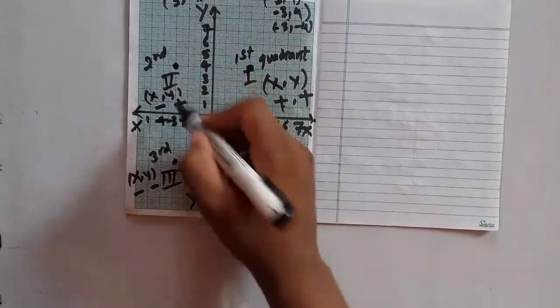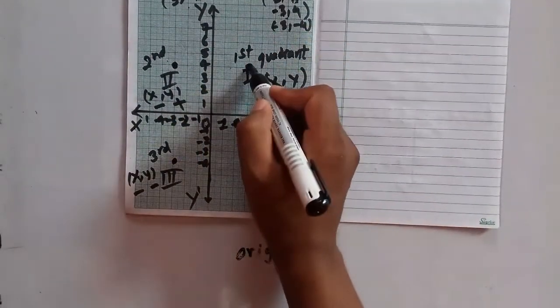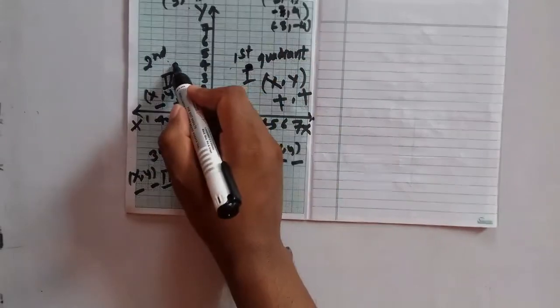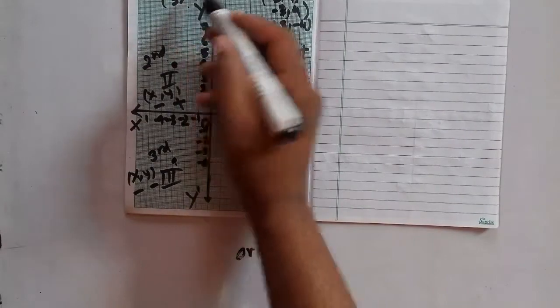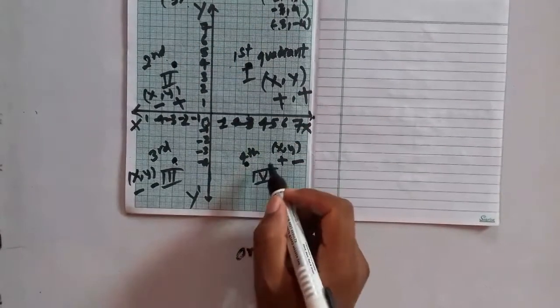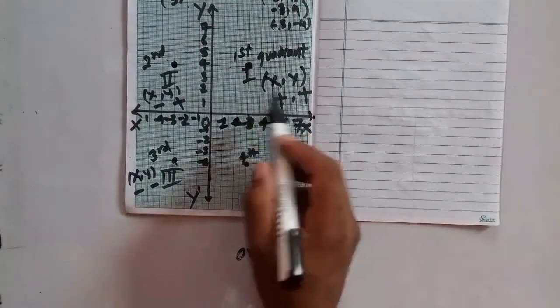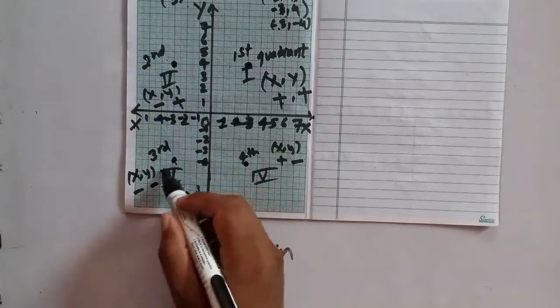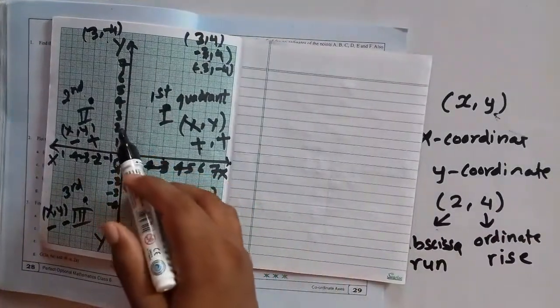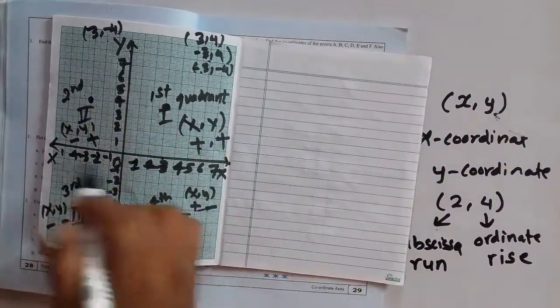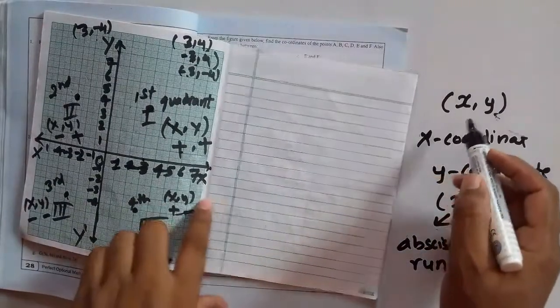We have seen here that (3, 4) lies in first quadrant, (-3, 4) lies in second quadrant, (-3, -4) lies in third quadrant, and (3, -4) lies in fourth quadrant. So in this way we also have to remember the sign values for all quadrants. Any point on this Cartesian plane or rectangular axis is denoted by a pair of numbers.